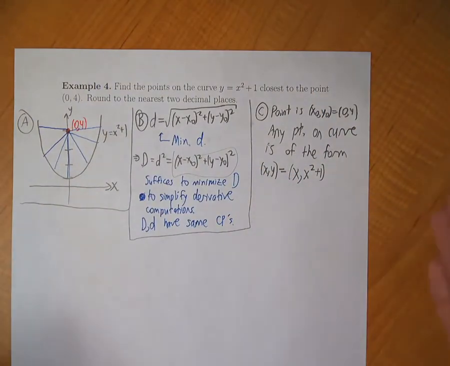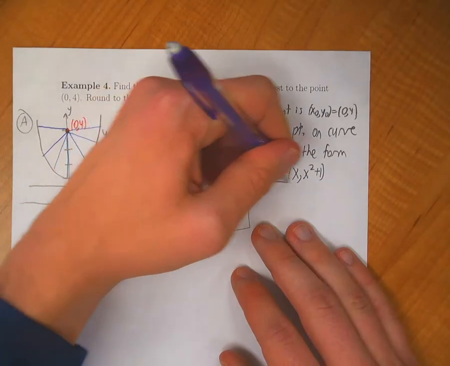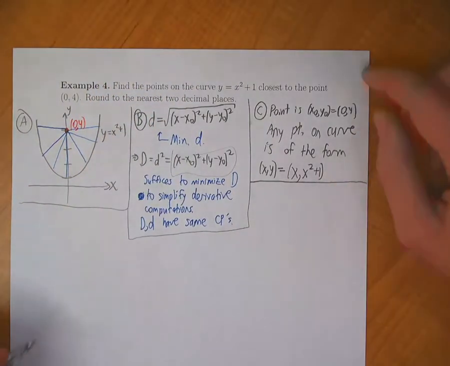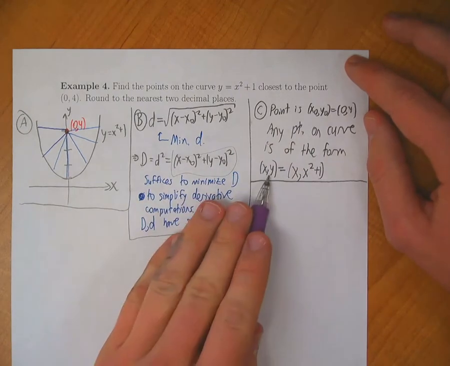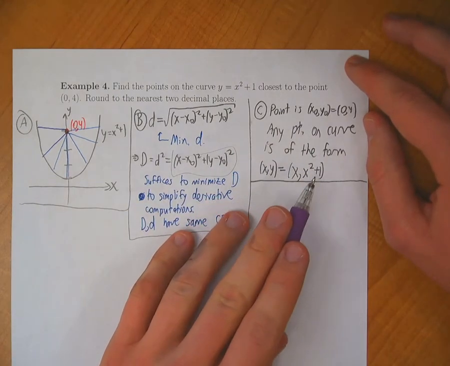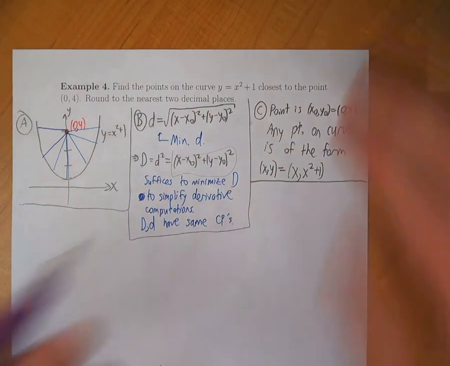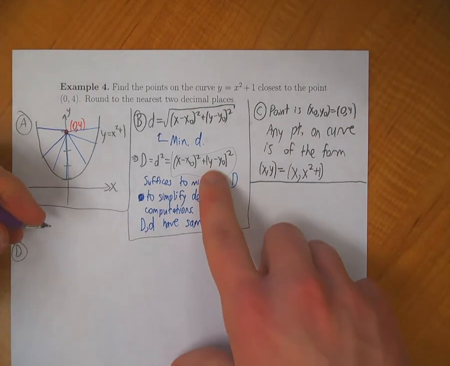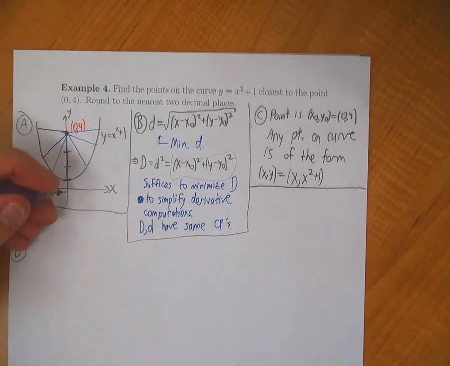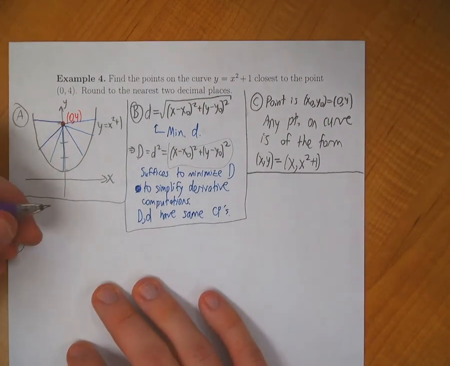The reason why I did this is so we have x naught and y naught as two given constants, and y can be expressed in terms of x in this way. So now, moving on to D, we can plug all those into here to get capital D in terms of x.